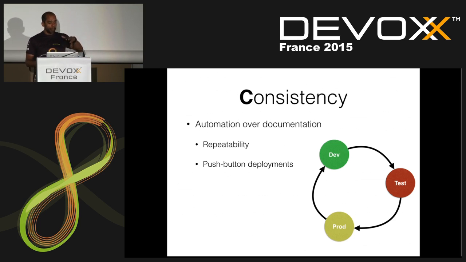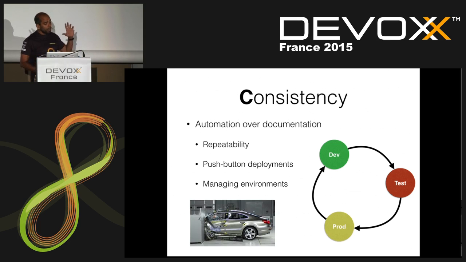We'll talk about the deployment pipeline in a second. And it just goes to the deployment. You go to manage your environments. We'll talk about environments in a second. But effectively, with automation over documentation, you don't fail your crash test. You don't want to be a DOA, or dead on arrival, that the moment the product is launched, boom, you didn't anticipate that need, and the product is dead right away. So that's not good.